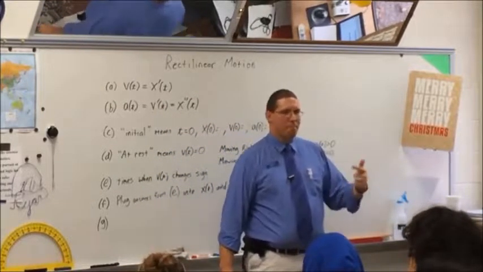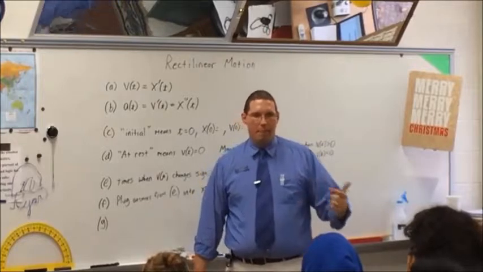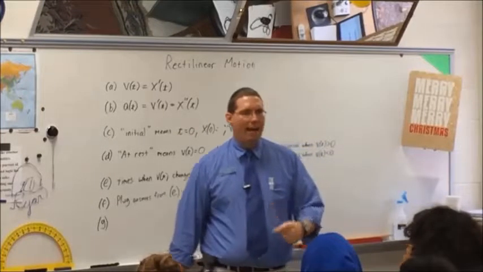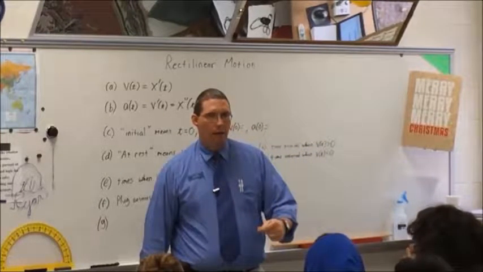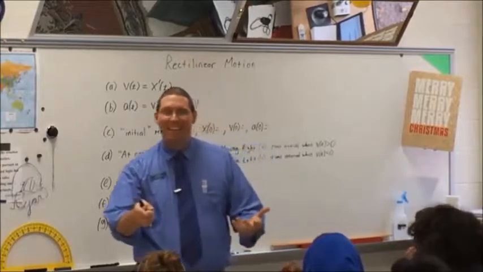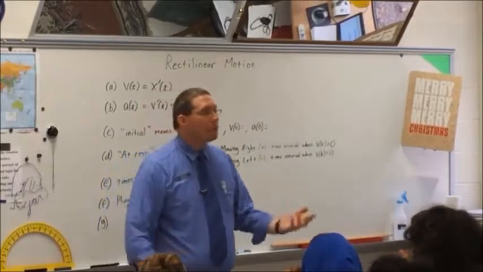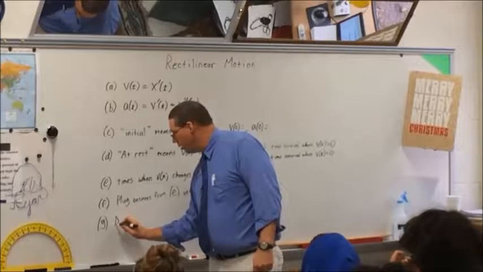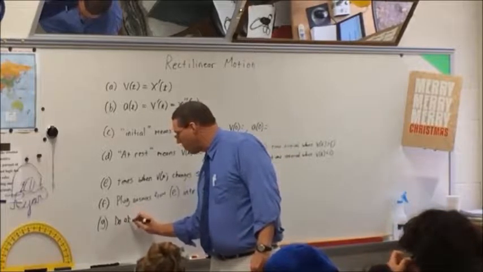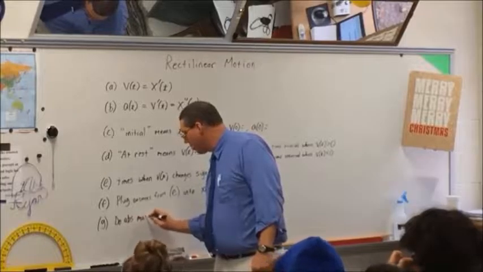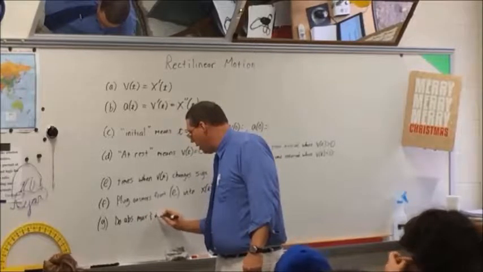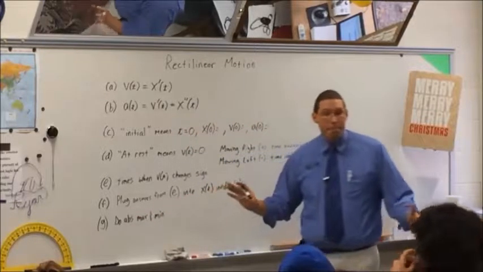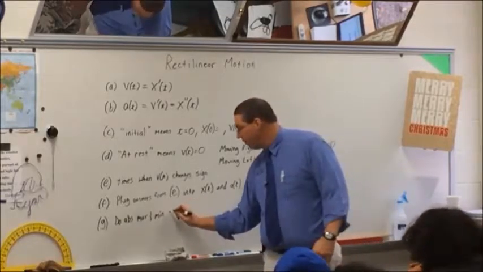What does that sound like? The thing we just did: maximum and minimum, an optimization problem. So all you have to do for G is find the absolute max and min of the velocity function, v of t.